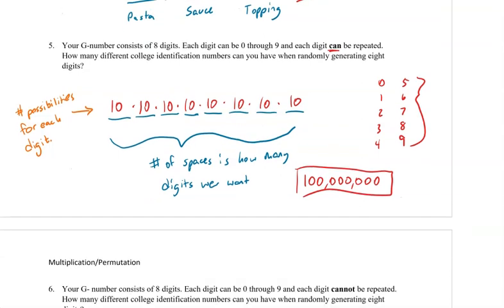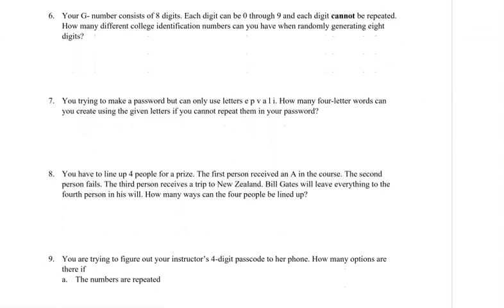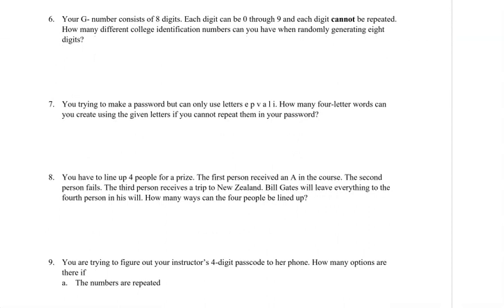Now let's see what happens whenever the digits cannot be repeated. Your G number consists of 8 digits. Each digit can still be 0 through 9. This time they cannot be repeated. How many different college identification numbers can you have when randomly generating 8 digits?